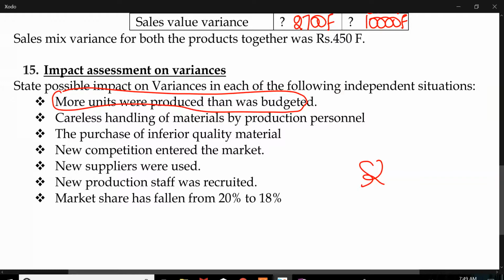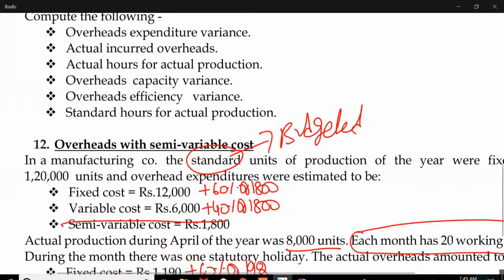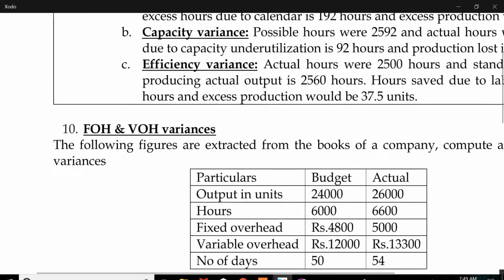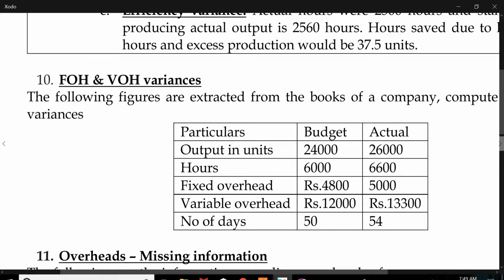Your criticality at this stage is not computing variances. You have to go to the stage where you interpret the variance. For example, when I would have done this question, we would have got the variances. Can you tell me the variances for question number 10? Fixed overhead variance answer. Cost, volume, expenditure, capacity, efficiency, calendar.